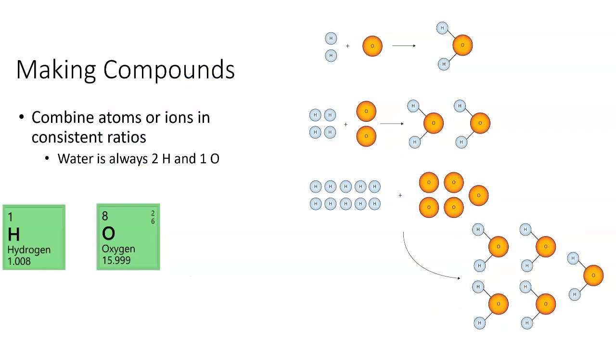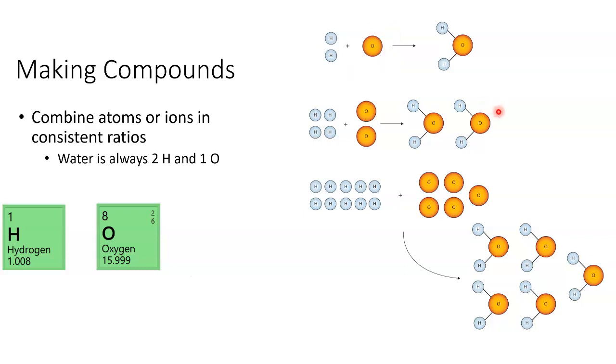So now I want to talk about how we make compounds. So remember, these would be ions or molecules that have atoms of different elements. And I want to start off with the molecular compound of water. We're all pretty comfortable with water, and so I think this will illustrate the point quite nicely. So here, if we're going to make a single molecule of water, we're going to need 2 hydrogen atoms and 1 oxygen atom.